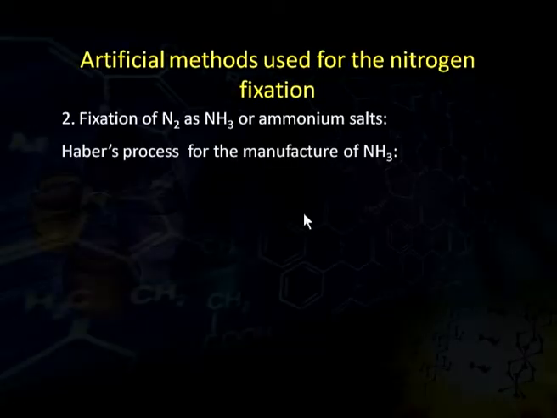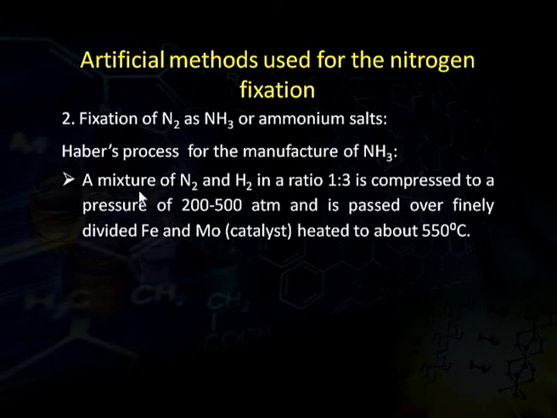The second artificial method for nitrogen fixation is fixation of nitrogen as ammonia or ammonium salts. Haber's process is used for the manufacture of ammonia. In this process, a mixture of nitrogen and hydrogen is taken in a ratio of 1:3, which is compressed to a pressure of 200 to 500 atmosphere and is passed over finely divided iron and molybdenum, which are used as catalyst, and it is heated up to 550 degrees Celsius.